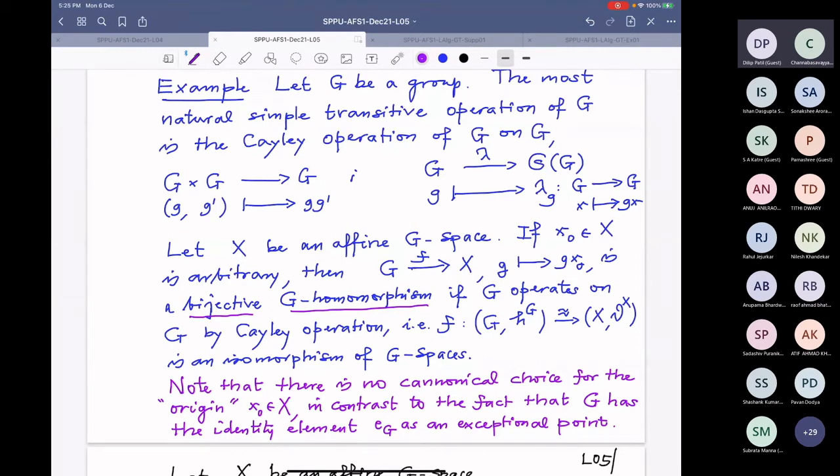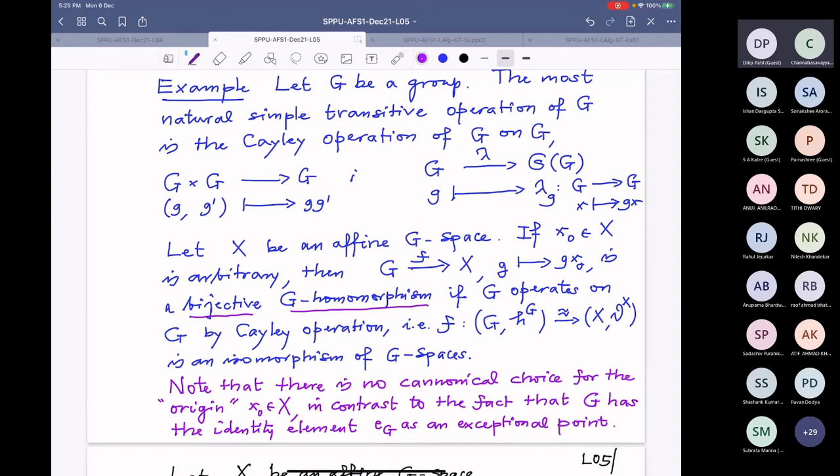So g inverse times g prime is in the stabilizer of x naught. But all stabilizers are trivial because our operation is simple transitive.